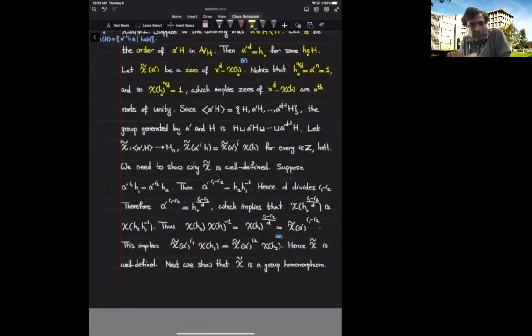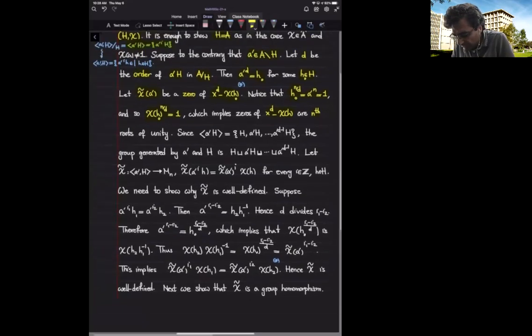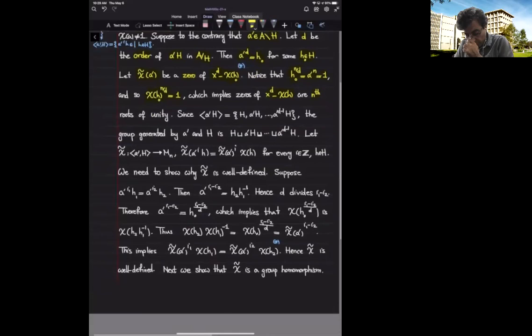Now, I want to extend this chi to the group generated by H and A prime. As we have discussed, every element of the group generated by A prime and H is of the form A prime raised to some power times some element of H. Let me go over that argument again.